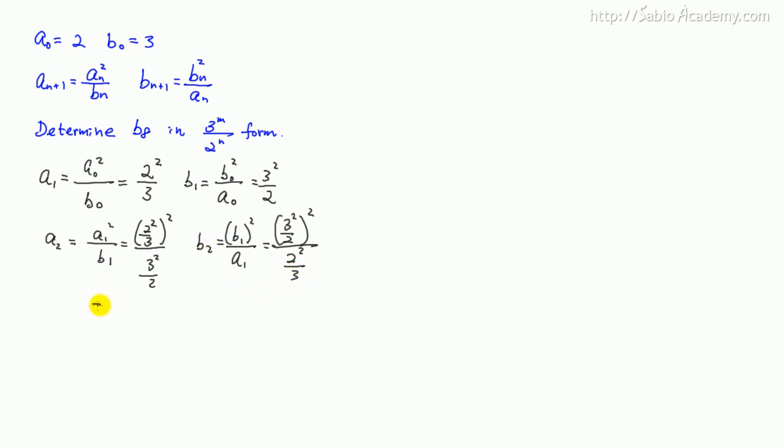Okay, I'm curious what this comes out to. So upstairs is 2 to the 4th over 3 to the second power, and downstairs is 3 to the second power and 2 to the 1 power, which results in 2 to the 5th over 3 to the 4th.